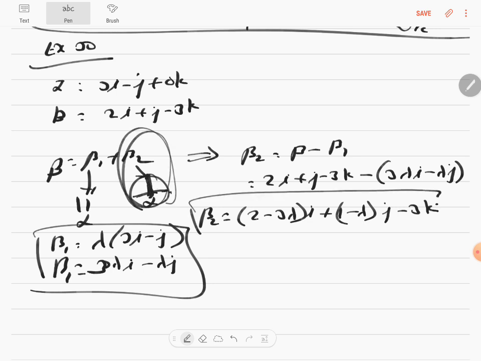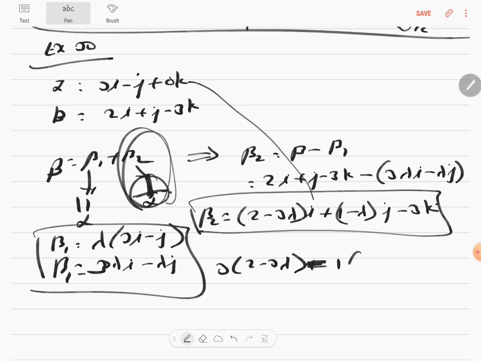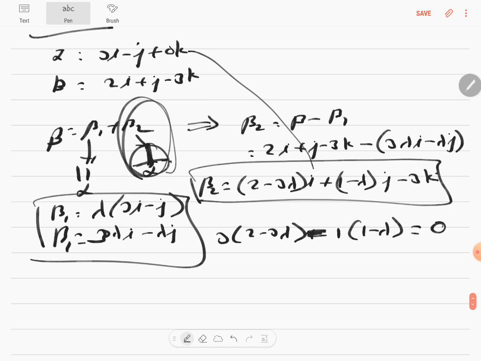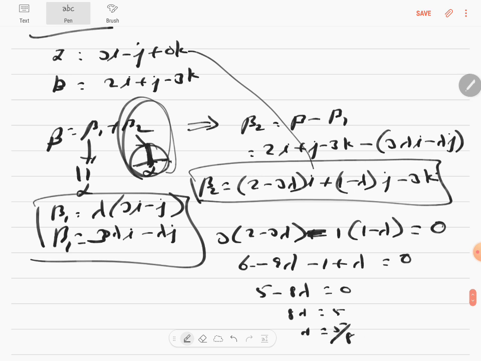So then you got beta 2. Now dot product with alpha. So it's 3 into 2 minus 3 lambda minus 1 into 1 minus lambda plus 0 into anything is 0. For perpendicular vectors, dot product is equal to 0. Beta 2 is perpendicular to alpha, so beta 2 dot alpha is equal to 0. 6 minus 9 lambda minus 1 plus 1 lambda is equal to 0. So 5 minus 8 lambda is equal to 0, 8 lambda is equal to 5, lambda is equal to 5 by 8.